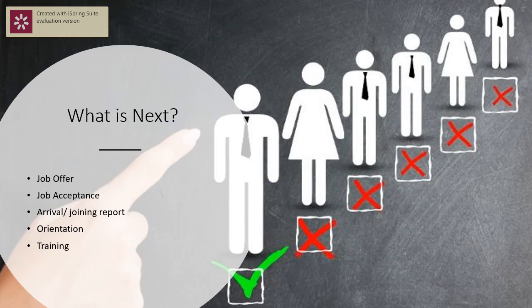Now, in response to the job offer, the candidate can either accept or reject the job. In case the candidate accepts, that person is going to reply with a job acceptance letter. The job acceptance letter may be treated as the arrival and joining report for the job.